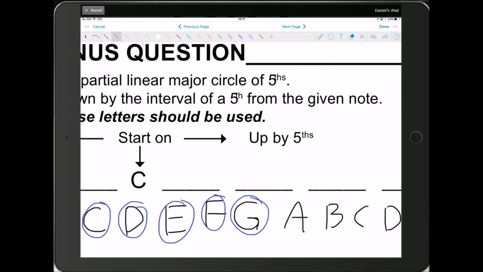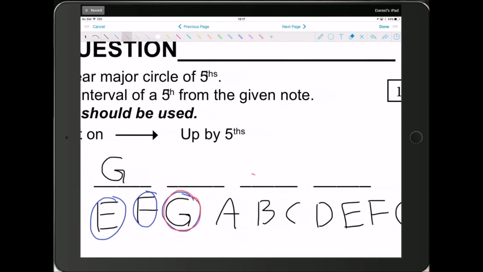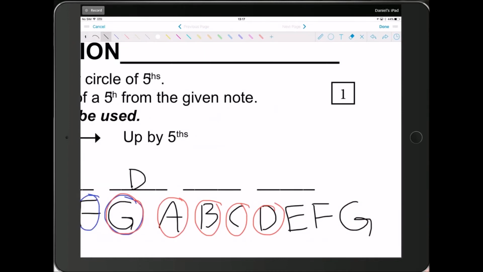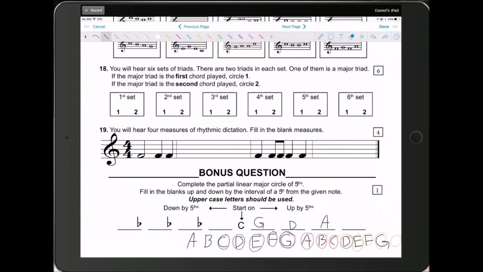I should land on G. Now I'm going to start on G. 1, 2, 3, 4, 5, and I should land on D. And then I'm going to start on D, 1, 2, 3, 4, and then there should be one more right here, which would be A. Okay? And that's how you do it. You go up by fifths.